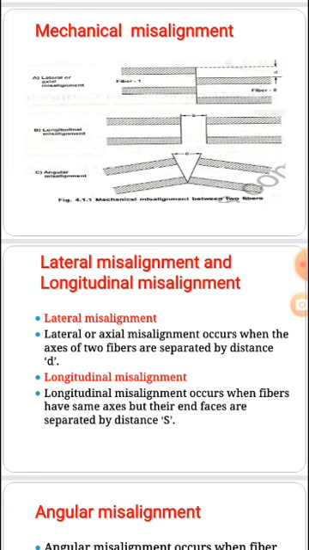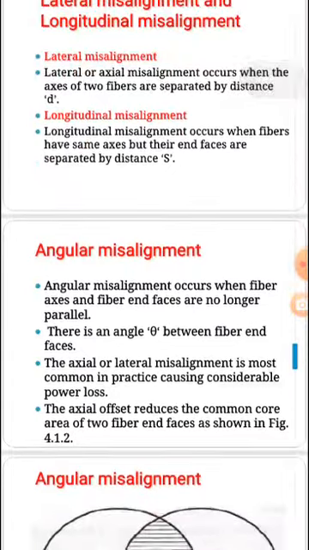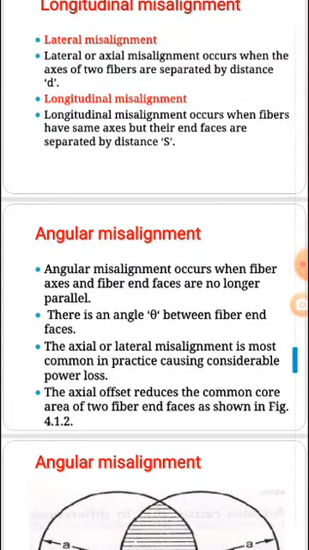Now, if you see one more, angular misalignment, this occurs when the fiber axis and fiber end faces are no longer parallel. It must be parallel. If it is parallel, definitely there is no loss of optical power. There is an angle theta between fiber end faces that is shown in the diagram.